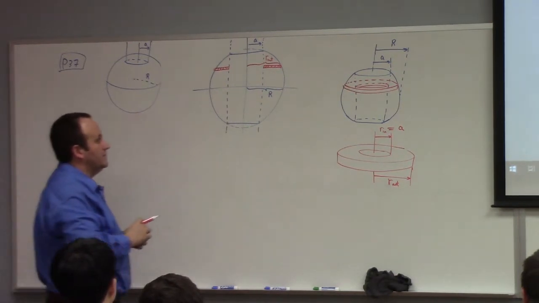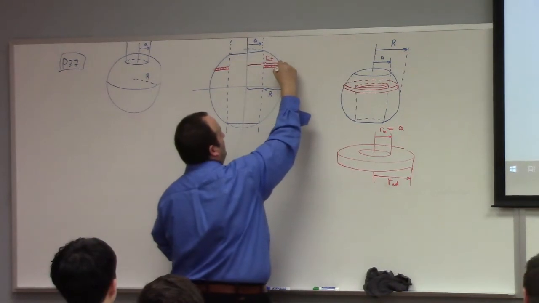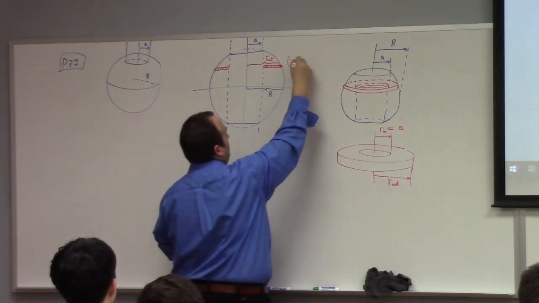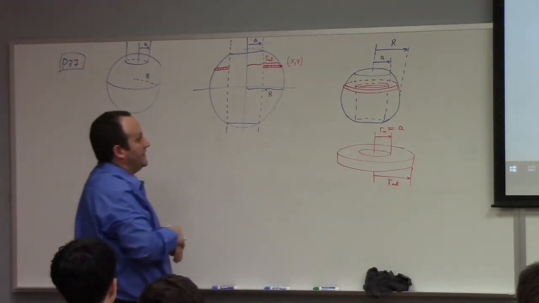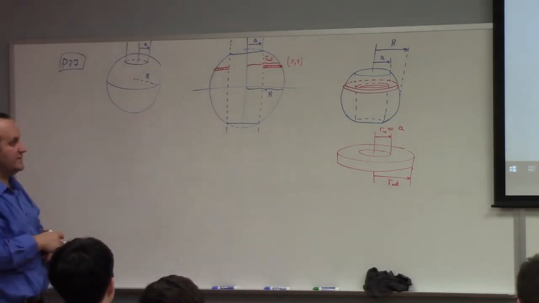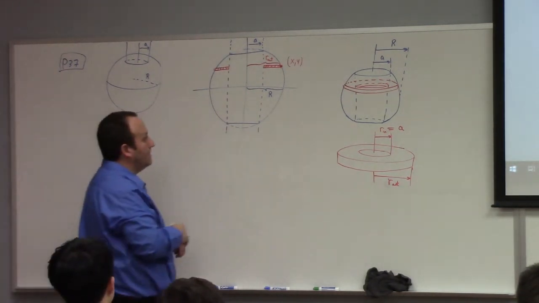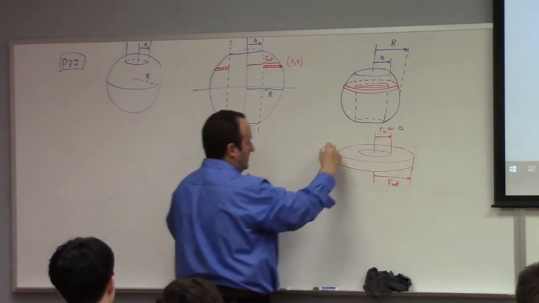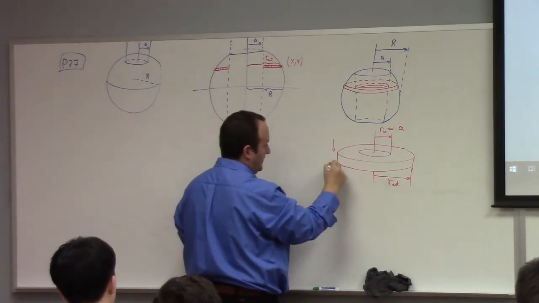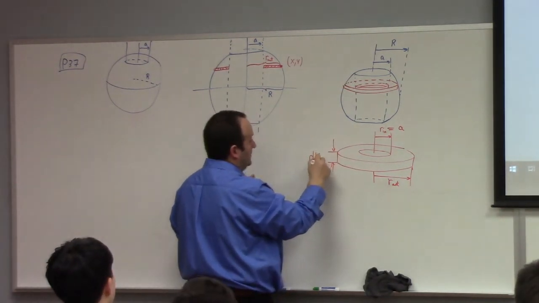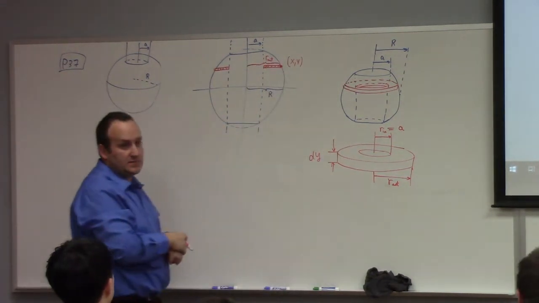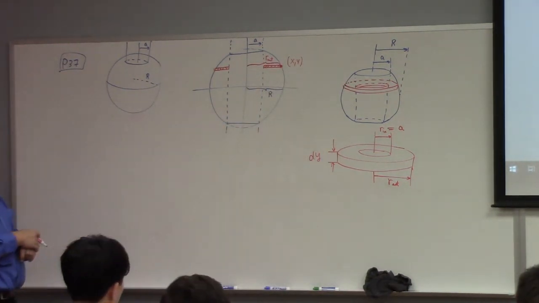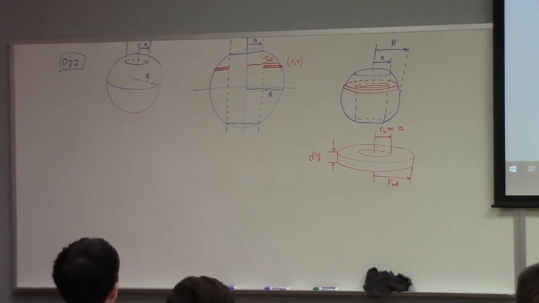I mean, if we think about this point as being x comma y, we could do that. If we do that, what's the thickness of the washer? I heard a dy. That makes sense to me because it's a y thickness. And with that setup, what's the outer radius?